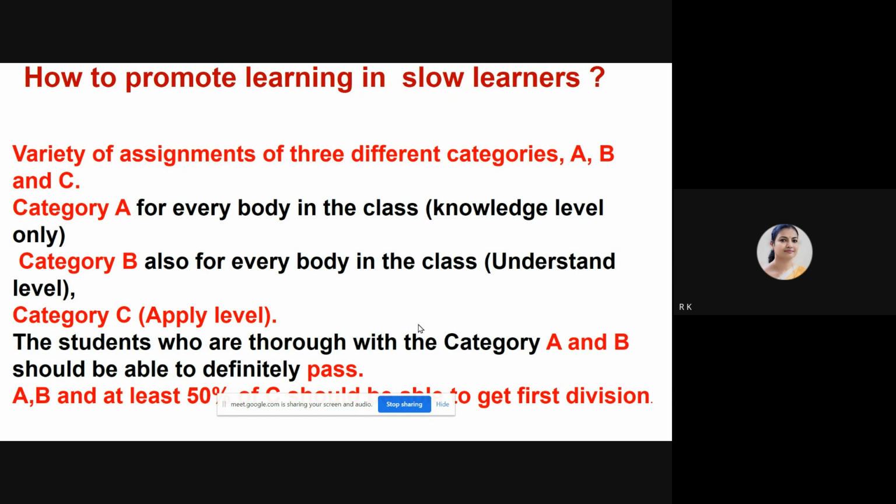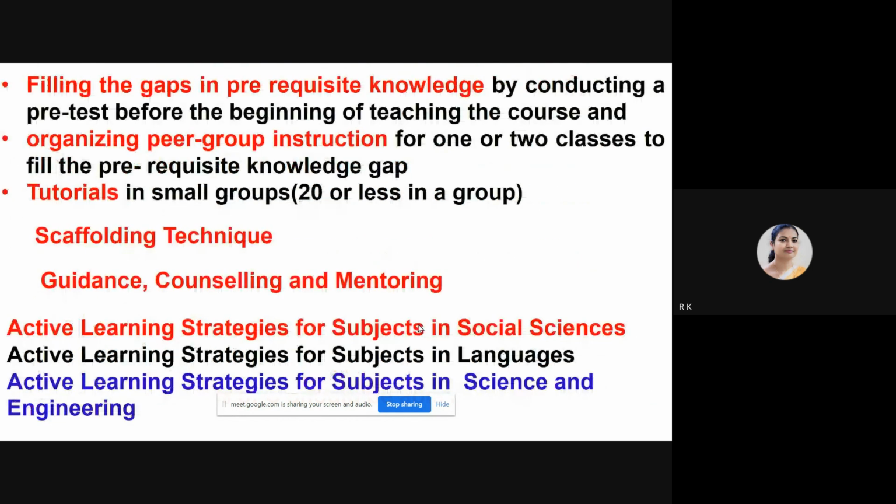This will help slow learners catch up with the normal learners, and the normal learners with the fast learners. The students going through categories A, B, and C should definitely be able to pass, and the last category, C, can also cope with the other learners. The possibility is very high.